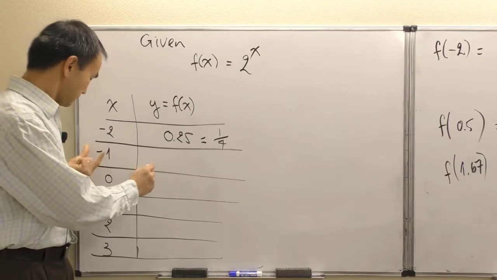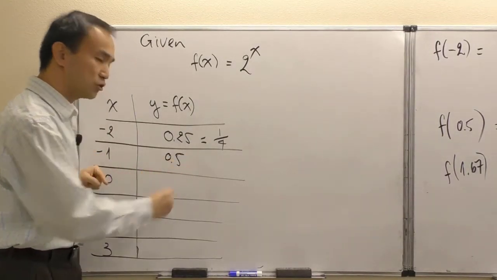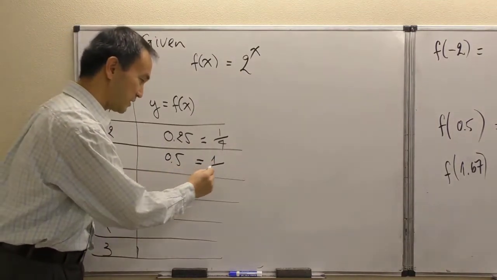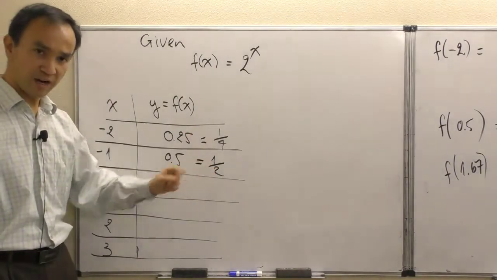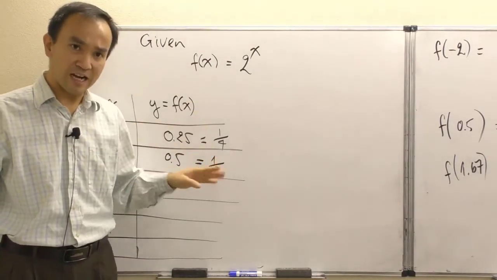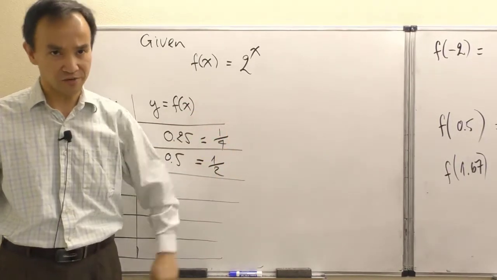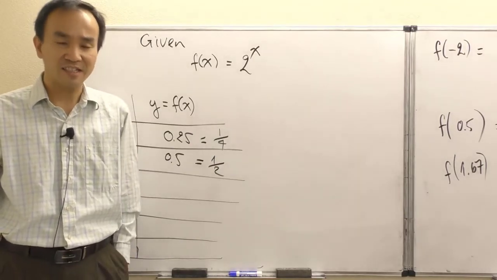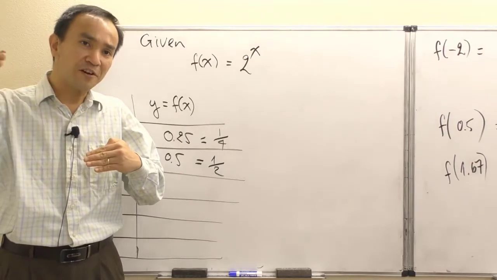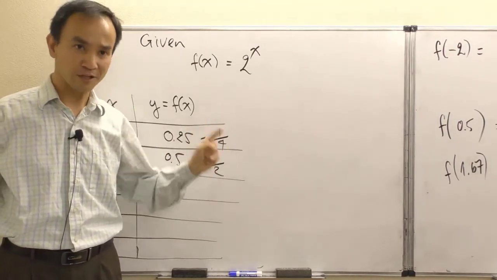Now, when this was -1, we had 0.5 as the numerical value for output, and this is equivalent in fraction to 1/2. For anyone learning with me in pre-calculus, I personally favor that you are fluent with working with fractions. Fractions are such that as long as you keep going further and growing further into mathematics, fractions will live with you permanently.